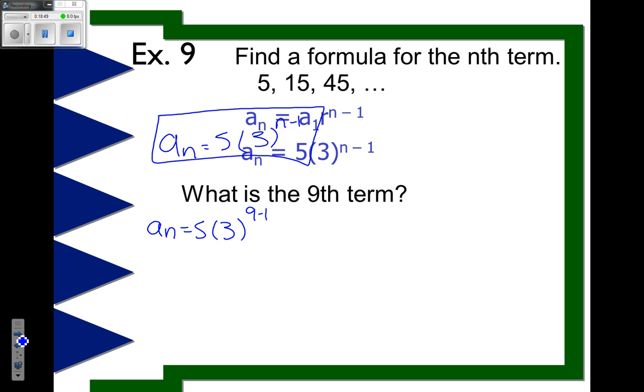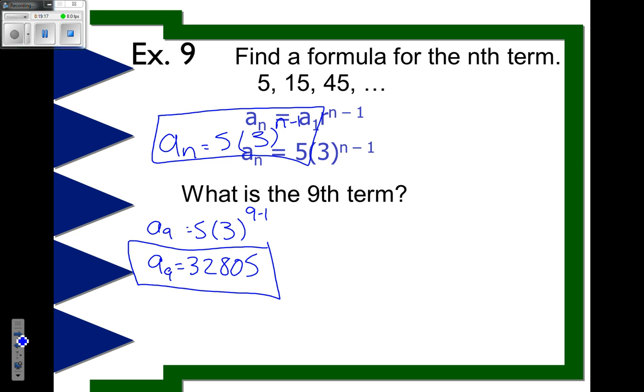They give you the first term. Find 3 more. Yes. So what is a sub 9? 32,000. So check your answers for number 9.